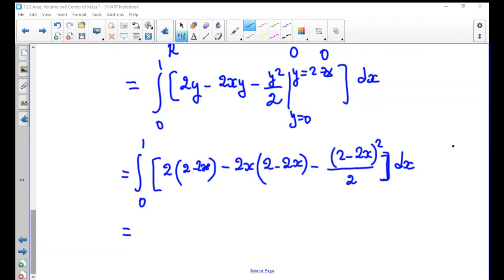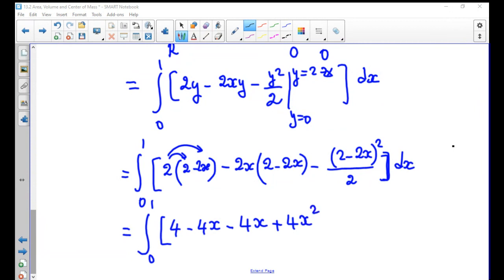Now, shall we complete this, or do you know how to complete this? Very simple. You open this up. Let me actually try and do this. So what will it be? 4 minus 4x, and then another minus 4x plus 4x squared.